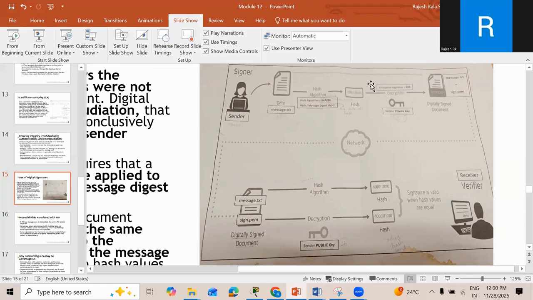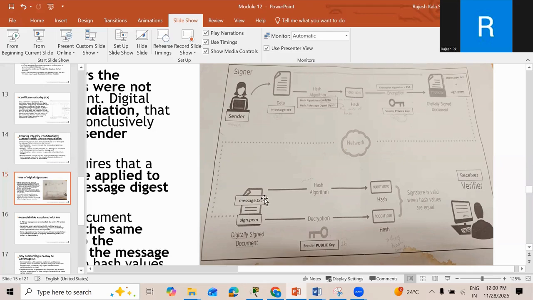This will be given to an encryption algorithm like RSA. There we use the sender's private key to encrypt this hash, and this becomes the digital signature. This is how we generate a digital signature. We send the message plus the digital signature over the network to the receiver side.